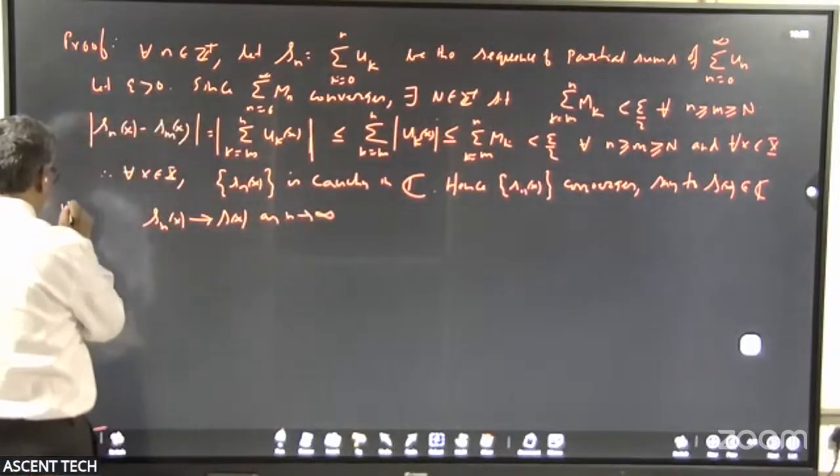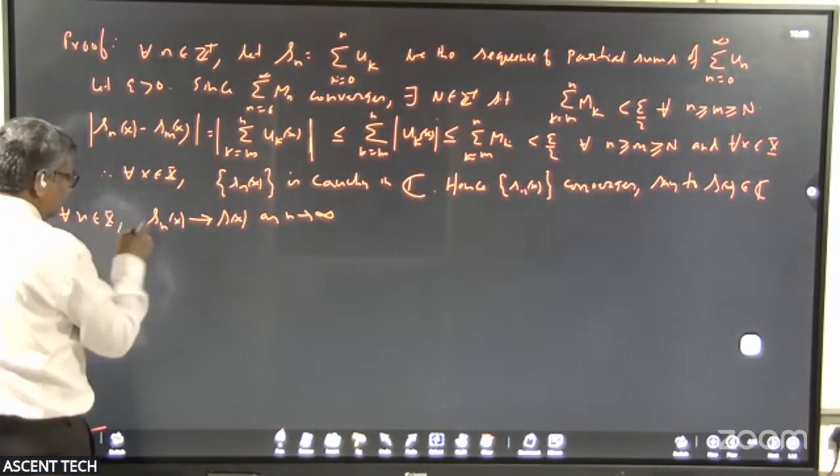This happens for each x in X, of course, this is pointwise convergence only.